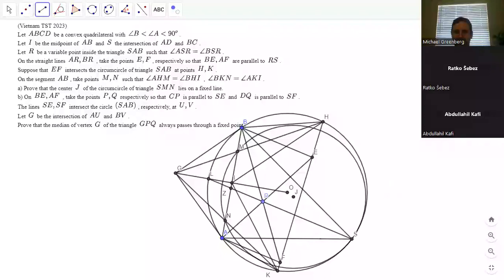That doesn't look collinear, so something is off. Let's see. Oh, I don't know why I didn't think it was collinear. Okay. That is collinear.